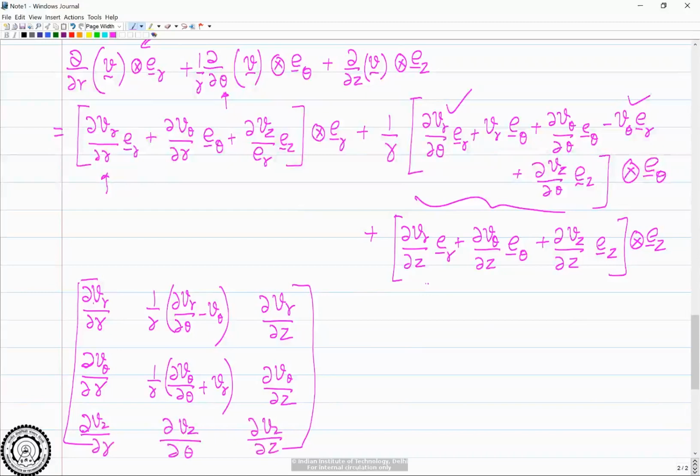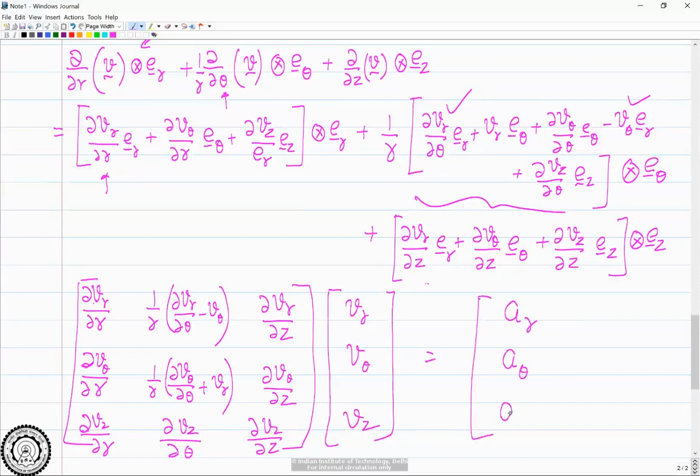Okay, so this is the gradient matrix, velocity gradient matrix. And I have to multiply this with velocity itself, which is Vr, V theta, Vz. Okay? And this will then give you acceleration in cylindrical coordinate system, that's Ar, A theta, and Az.